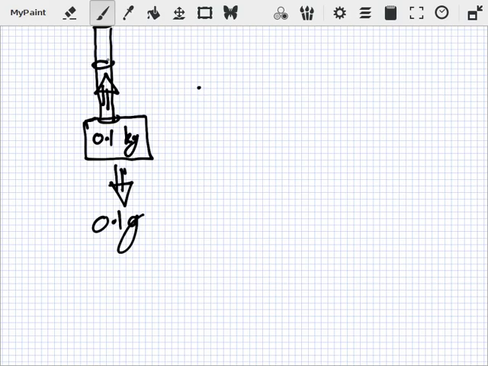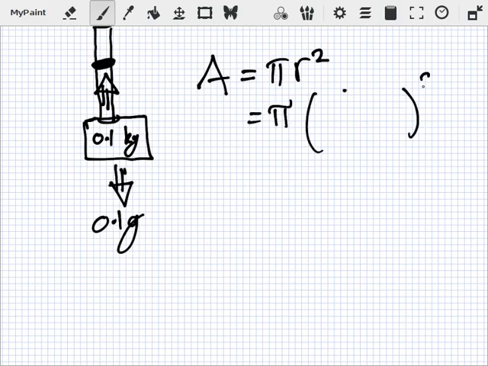So here's the area. What's the formula for the area? Pi r squared. And what is the radius? 2 millimeters? Now that's the diameter. Oh, right. So it's 0.001.